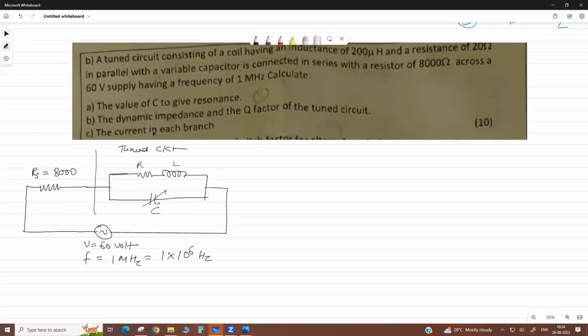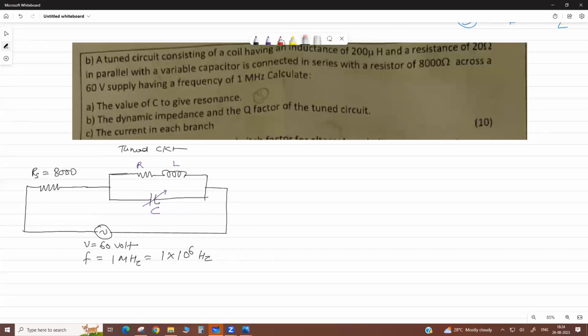Next, he asks for the dynamic impedance and the quality factor, Q factor, of the tuned circuit. Since this coil is practical, there is a power loss. Now I will explain this. Then he asked for the current.